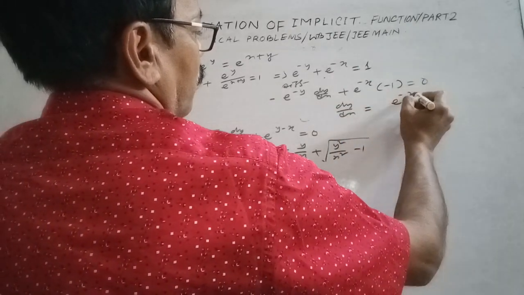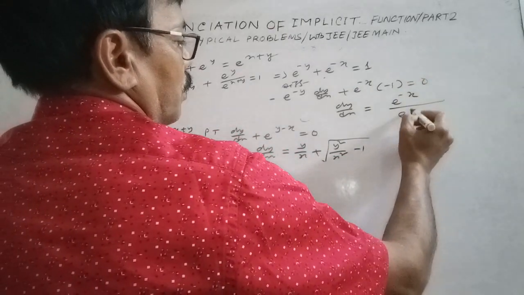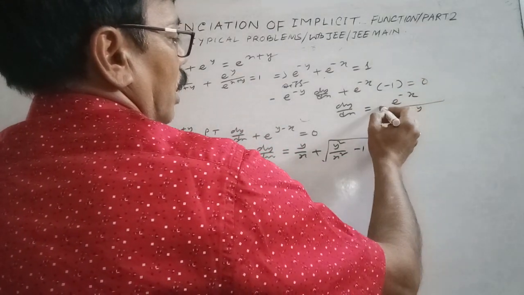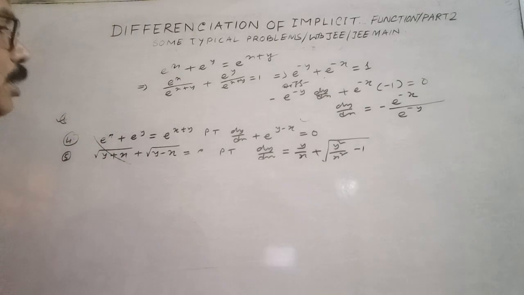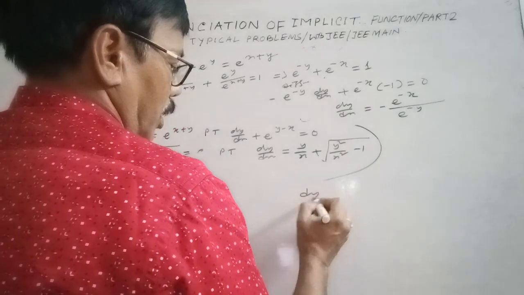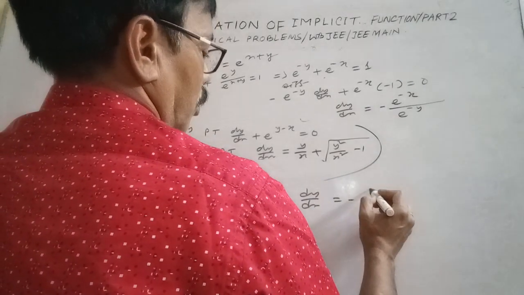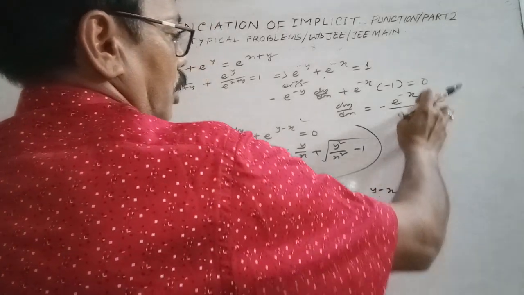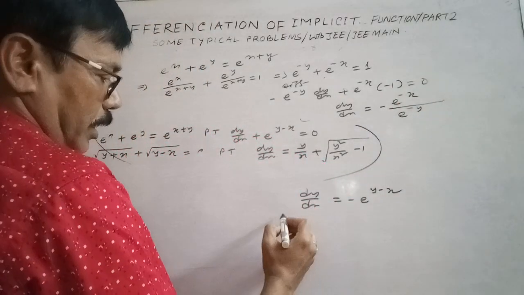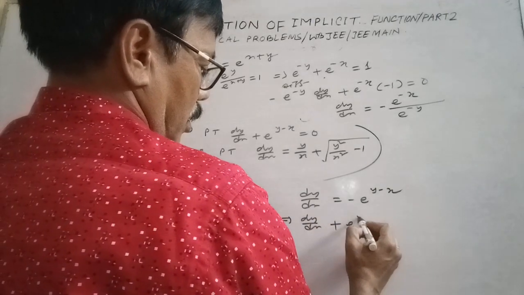So e to the power minus x is transferred to the plus side. So dy dx equals to minus e to the power y minus x.